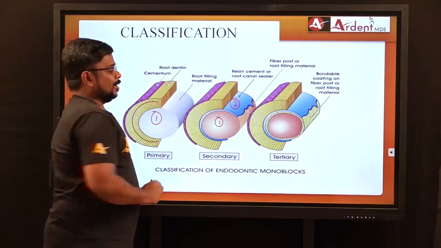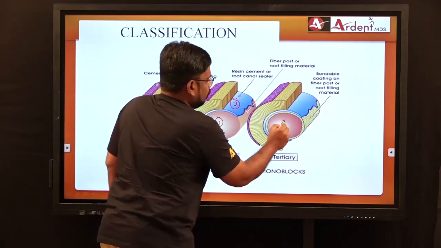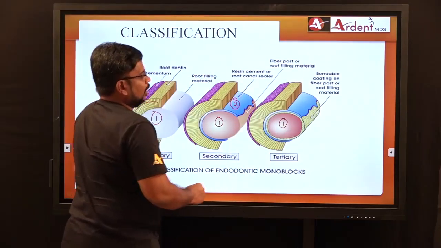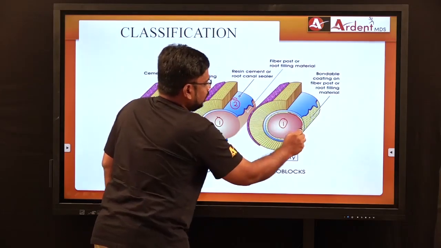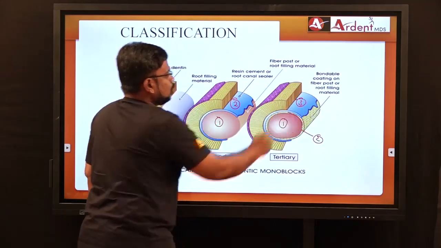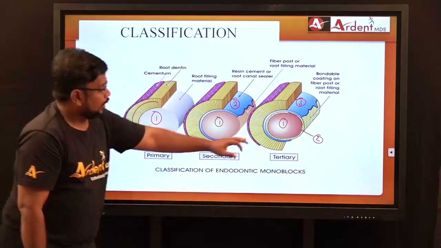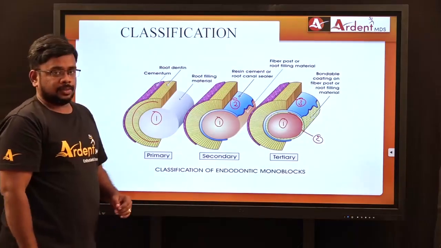So this is a secondary monoblock. Coming to the tertiary monoblock, you have a core material and some other material applied on the external surface of the core material. This is 2, and sealer is the third one. So we have three interfaces or three materials in the tertiary monoblock concept.